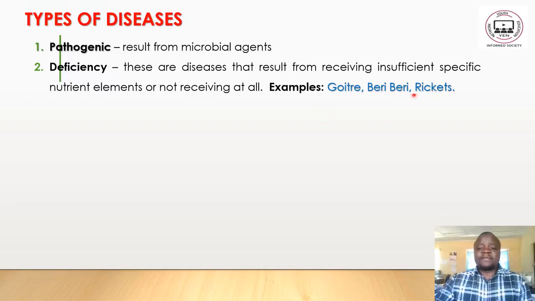Apart from this, we have also pellagra, pernicious anemia, all those are deficiency diseases. We have scurvy, all those. Here there are just very few examples. Night blindness, which is caused by lack of vitamin A. Those are just the few examples that we can mention.